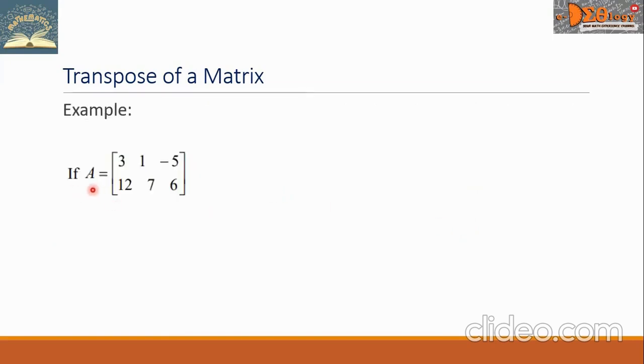Example, if matrix A has these elements 3, 1, negative 5, 12, 7, 6 respectively, we can see that this is a 2 by 3 matrix. Then the A transpose is equal to this matrix.